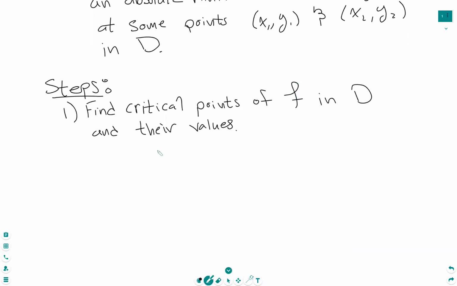Now the next step is, because we have a boundary, critical points don't show up on the boundary unless both of the derivatives happen to be 0 along the boundary. But we still have to test them, because that might be where the absolute min and max is. So if you remember from Calc 1, you'd always have to test the endpoints. Well, now the endpoints are the entire boundary.